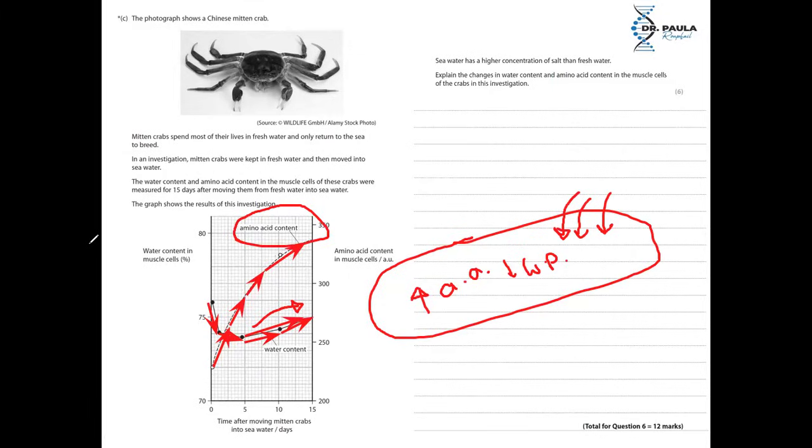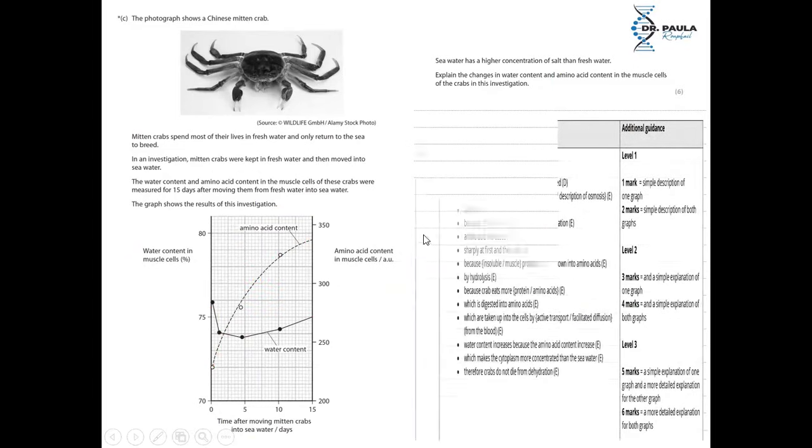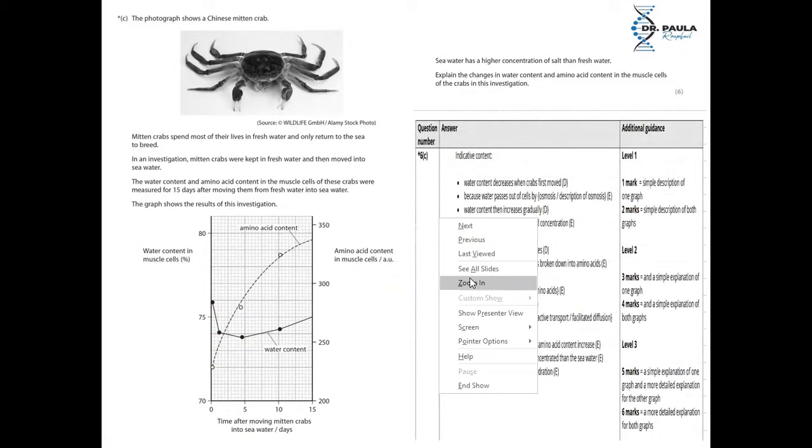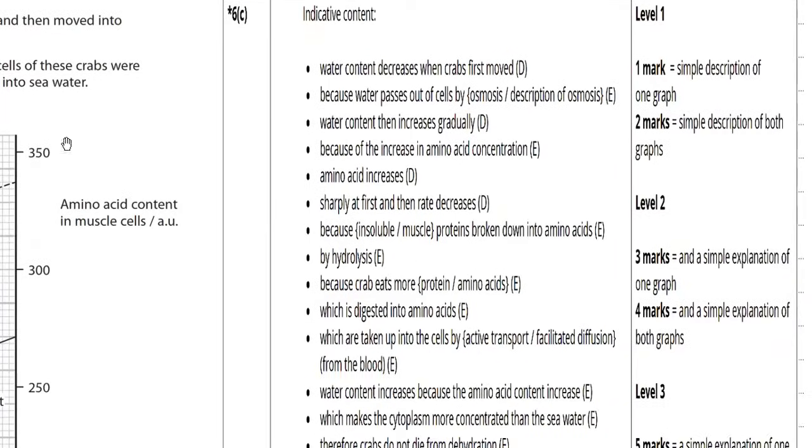So the amino acid content is increasing. Some students may think that the muscle proteins are being digested, so the protein is converted into amino acids as well, so the amino acid might be increasing as well. So you are trying to mix, as we said, between the description and the explanation.